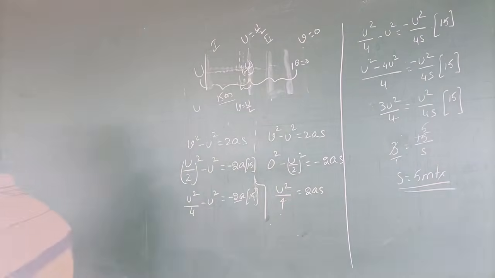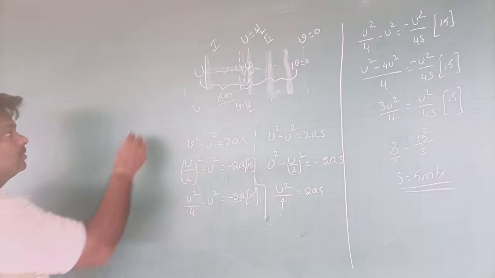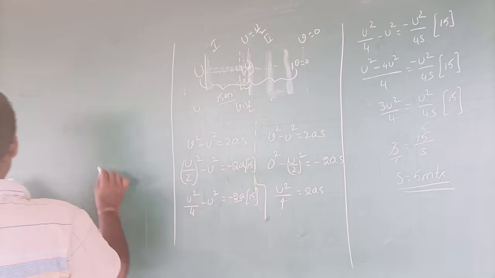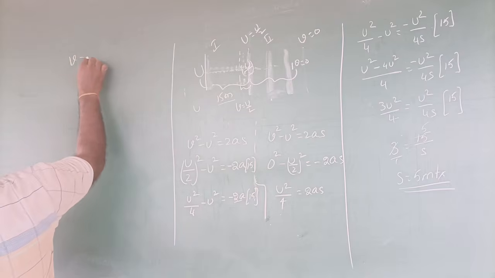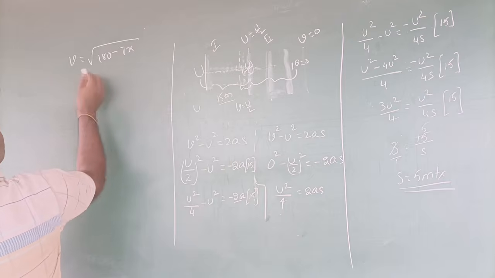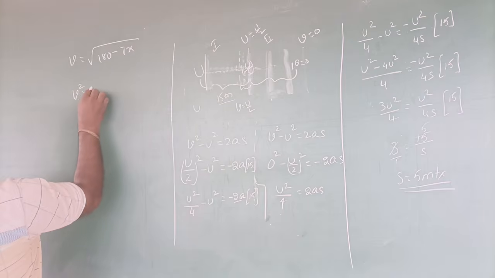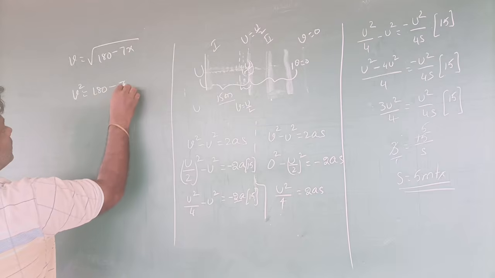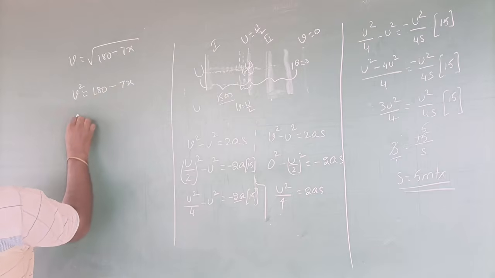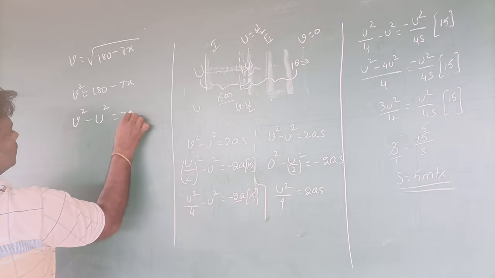So the final problem, the 50th problem. Can I proceed here? It is very small. So what is given to you? v is equal to root over 180 minus 7x. So doing squaring on both sides, you will get v square is equal to 180 minus 7x. So v square minus u square is equal to 2as.